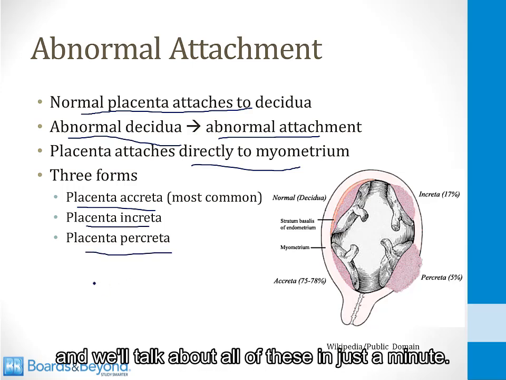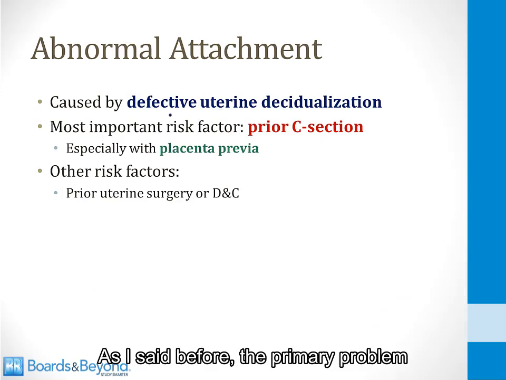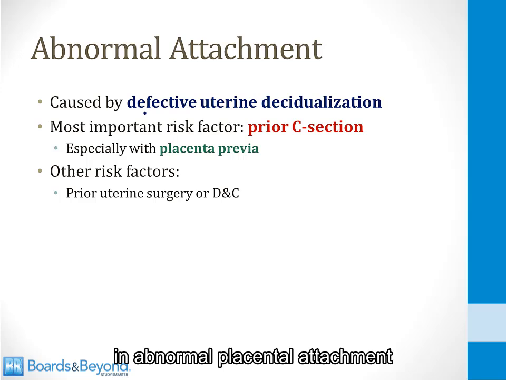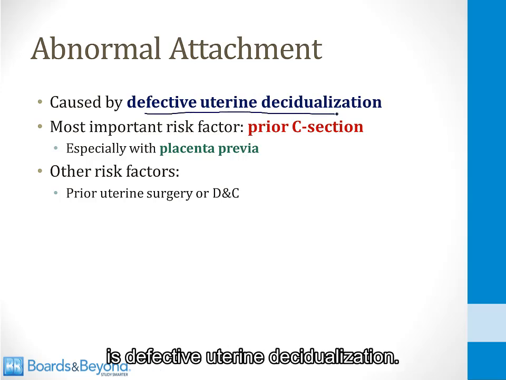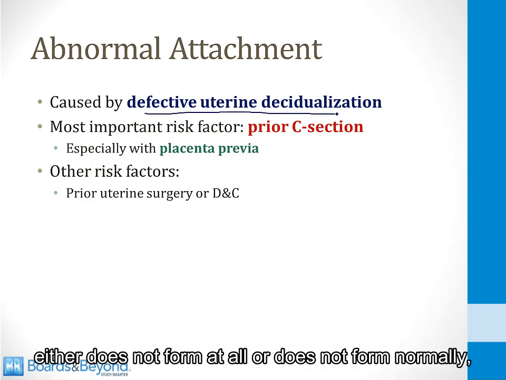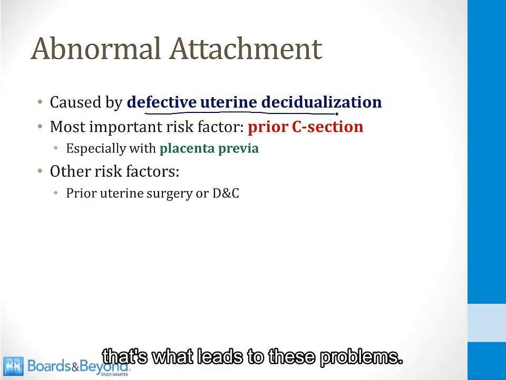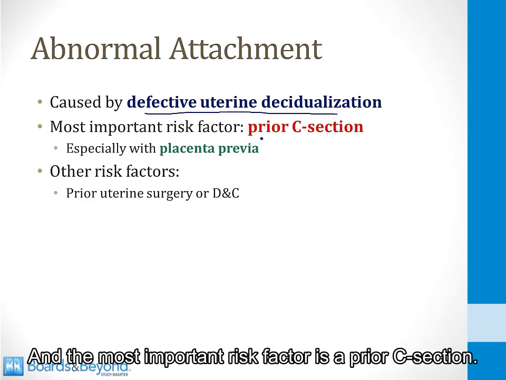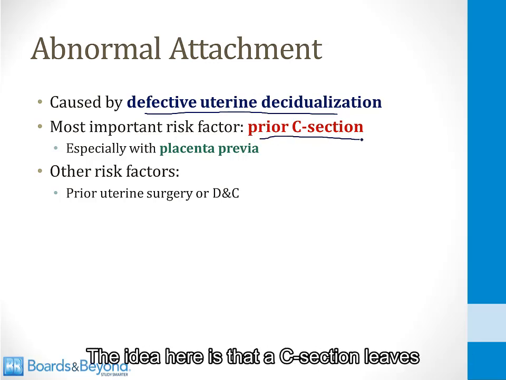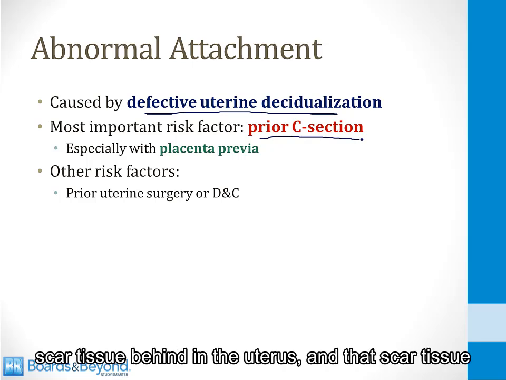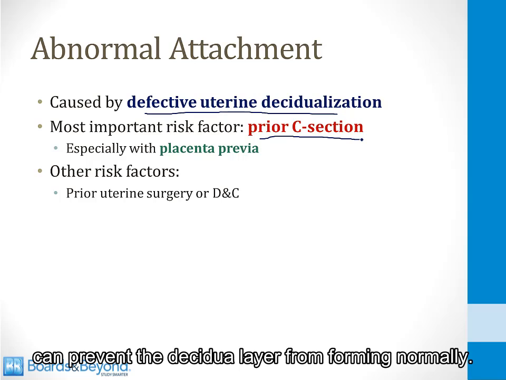As I said before, the primary problem in abnormal placental attachment is defective uterine decidualization. If the decidual layer either does not form at all or does not form normally, that's what leads to these problems. And the most important risk factor is a prior C-section. The idea here is that a C-section leaves scar tissue behind in the uterus, and that scar tissue can prevent the decidual layer from forming normally.